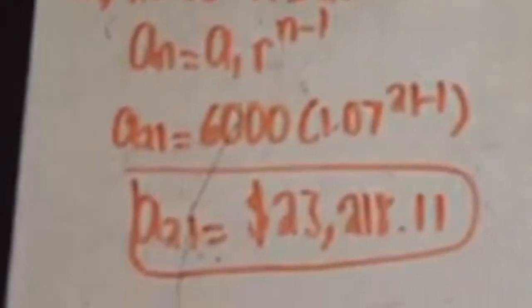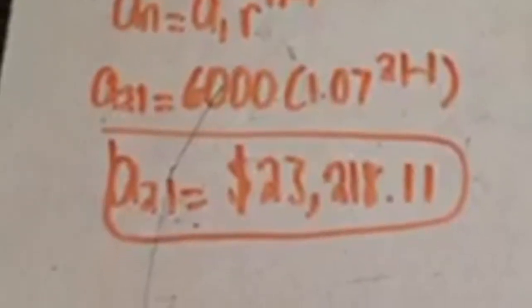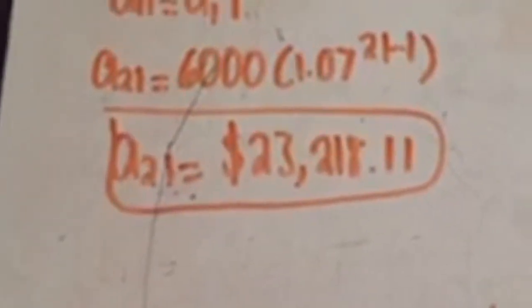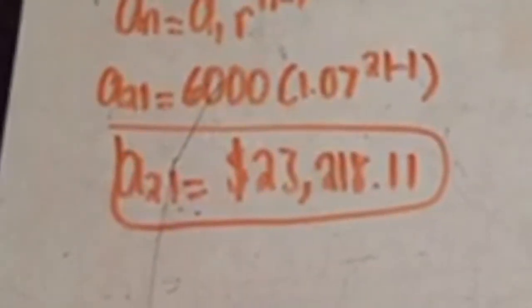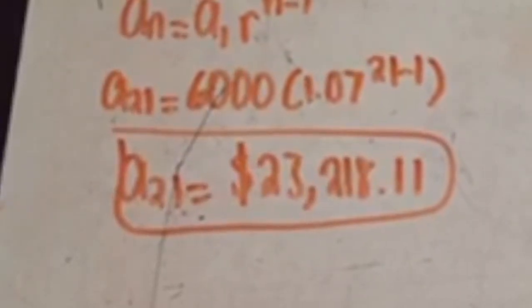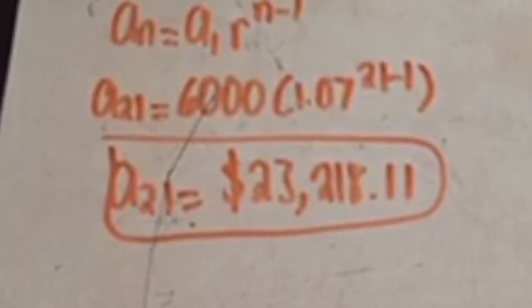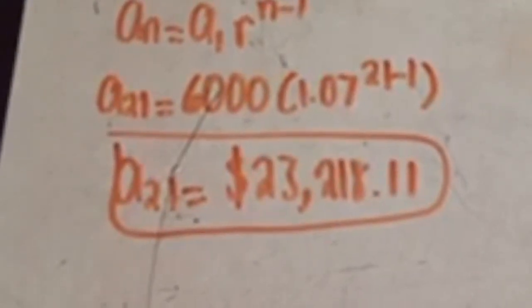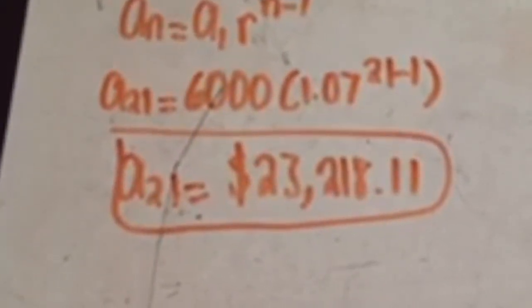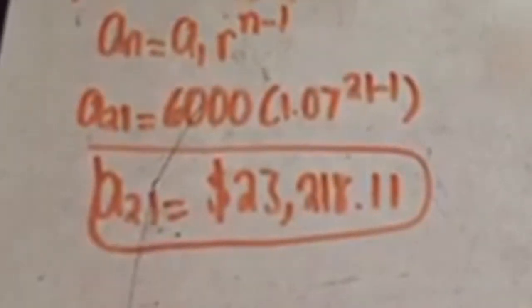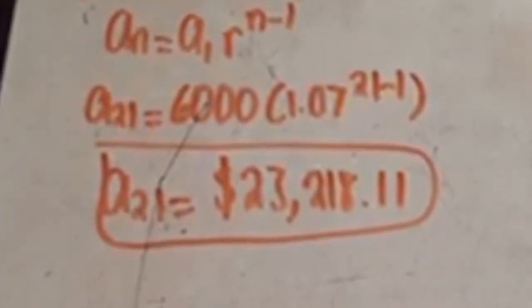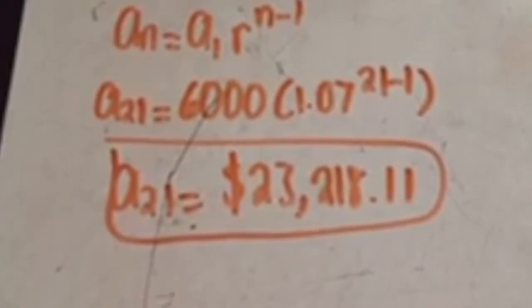So as stated down here, A21, which is your 21st, in 21 years, how much money you'll have. 6,000, which is the deposit you already made. 1.07, that is your common ratio that you multiply with every single year to increase the amount of money you had. And 21, that is the amount of years from your 19th birthday until you get to the 40th.